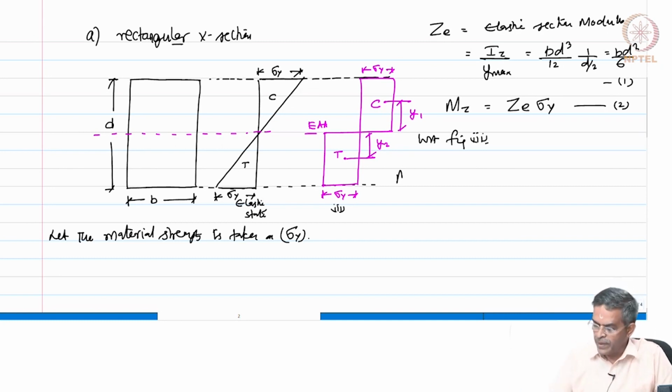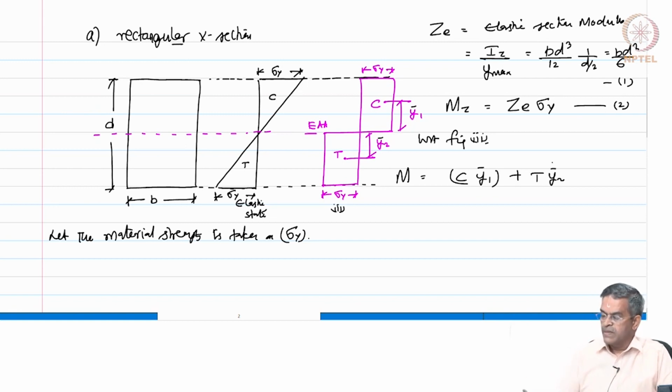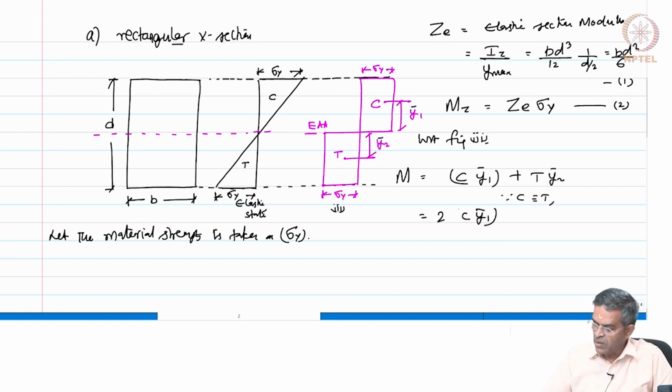The moment will be equal to C into y bar 1 plus T into y bar 2. Since C is equal to T, we can say this is twice of C into y bar 1. Can I say that? So, what is the compressive force?